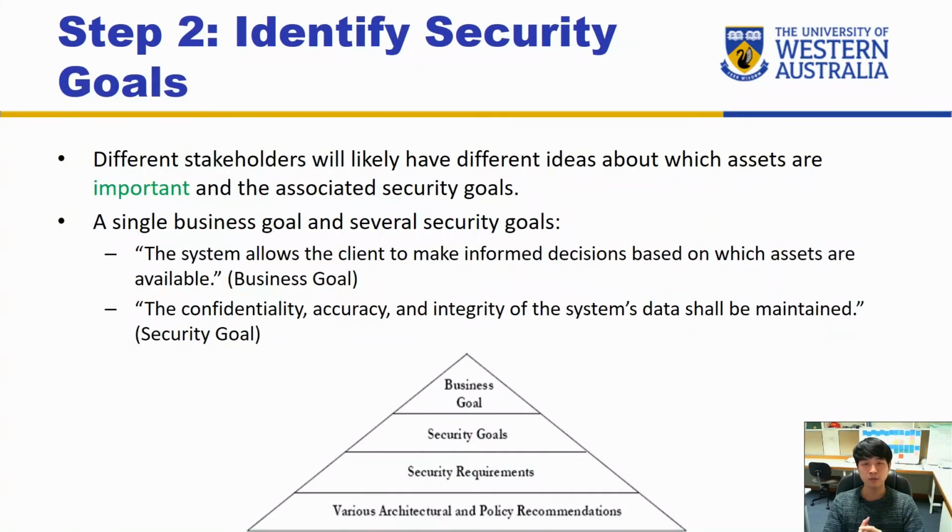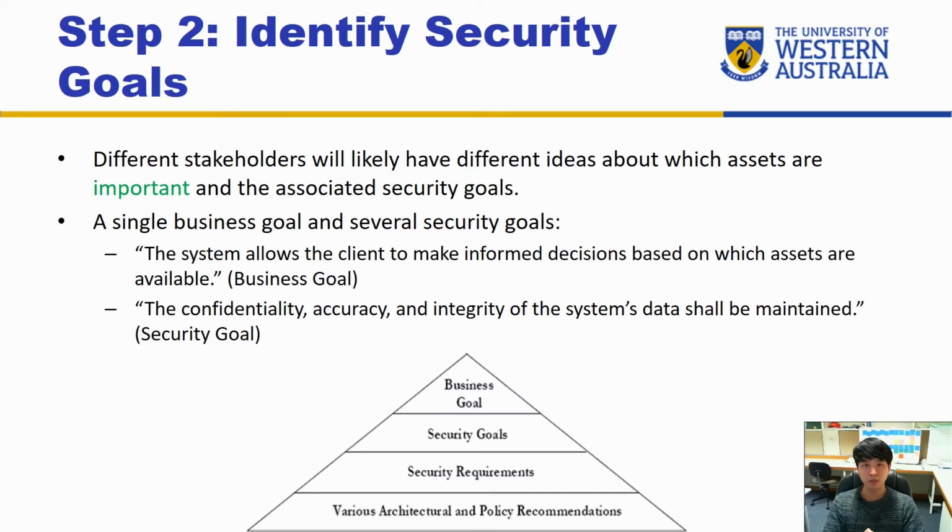Once we've cleared all those ambiguities, we can move on to the second step, which is to identify security goals. Okay? Goals are different to requirements, which I will touch on in the next slide. Okay? So different stakeholders will likely have different ideas about which assets are important and the associated security goal. So this is a more complex scenario where you have multiple clients.